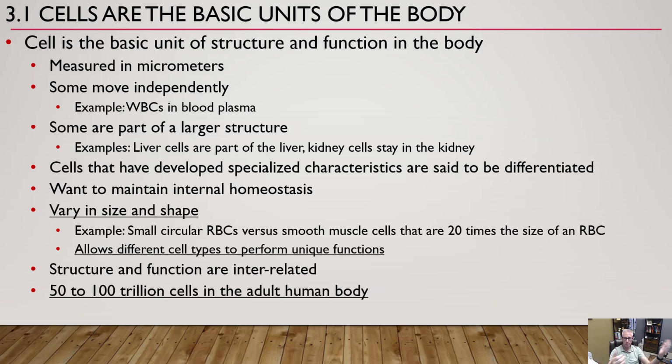A kidney cell cannot be a liver cell. A small intestine cell cannot be a large intestine cell. A neuron, a nerve cell, can't act as anything but what it is, and it's due to genetic expression. And the goal of everything is to maintain internal homeostasis.